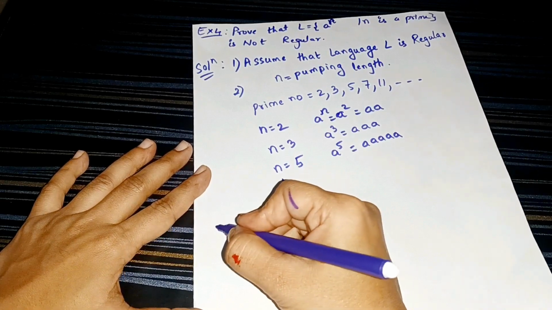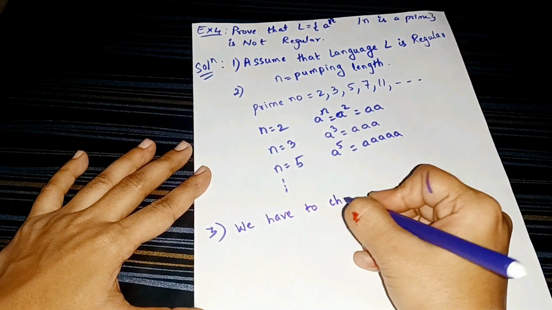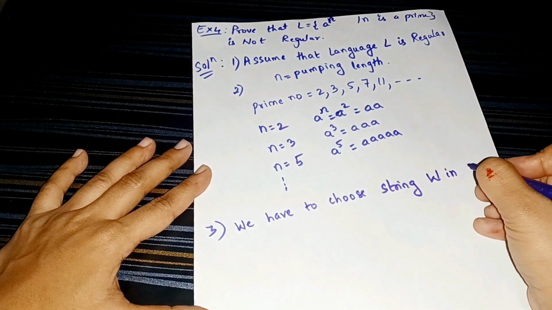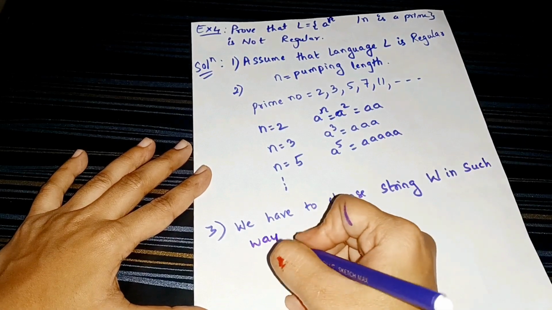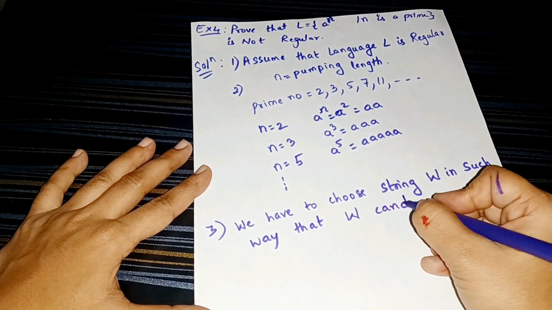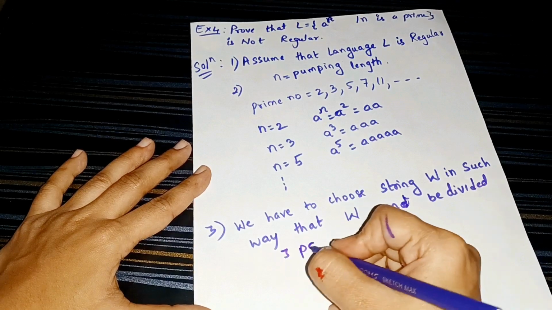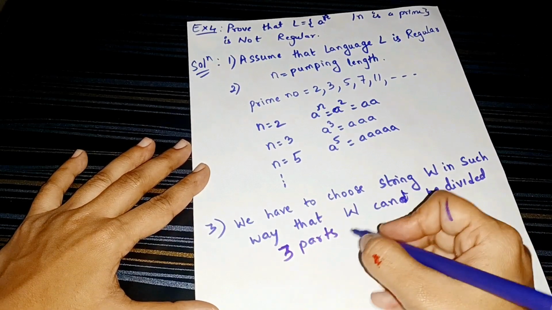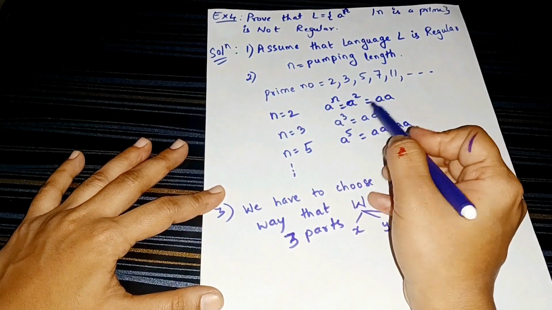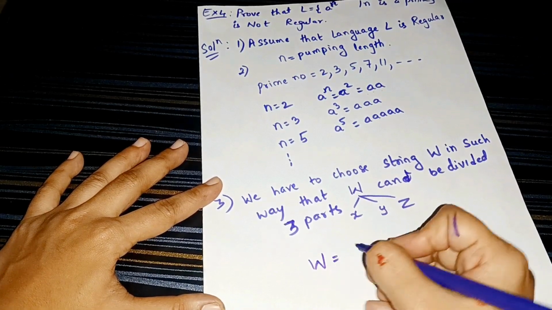The third step is, we have to choose string W in such a way that W can be divided into 3 parts, X, Y, Z. If we take a square, only 2 elements are there, we can't divide into X, Y, Z. So we'll take W equal to a cube.